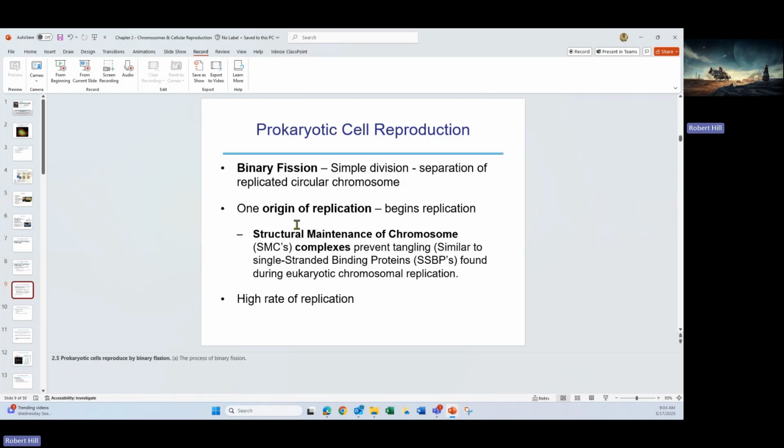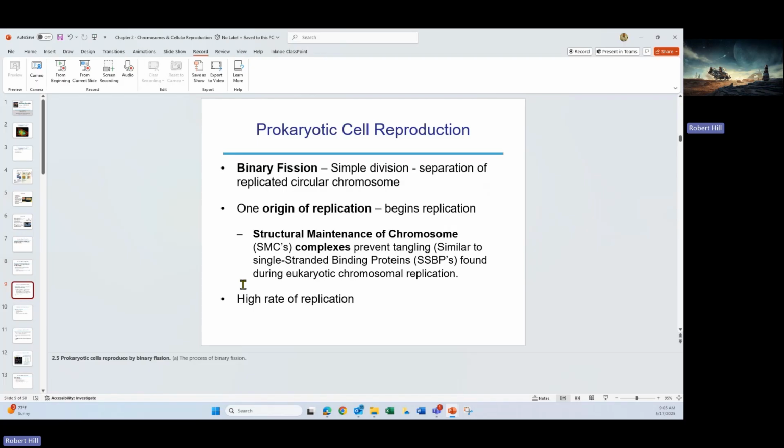It wants to go back together. So there are proteins called structural maintenance of chromosome complexes, or SMCs, in prokaryotes that prevent them from going back together and prevent them from tangling up. There are similar protein complexes in eukaryotes that help DNA replication, called single-stranded binding proteins.